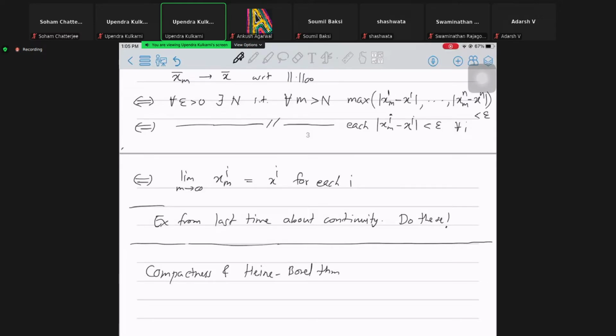What property of the closed interval did you prove? What key property of the closed interval did you prove last time? Something about the extremums of the function being contained within.